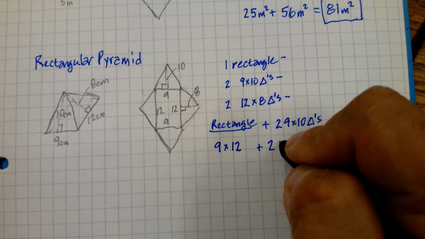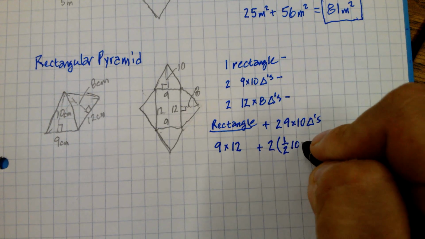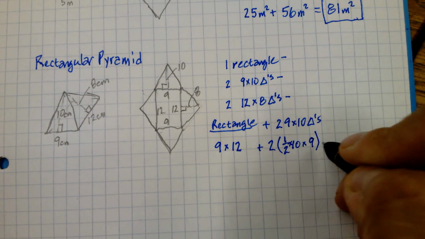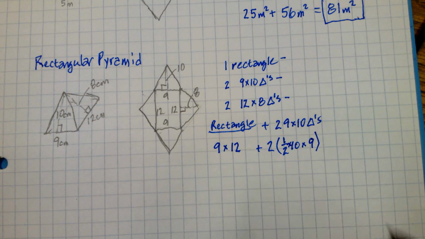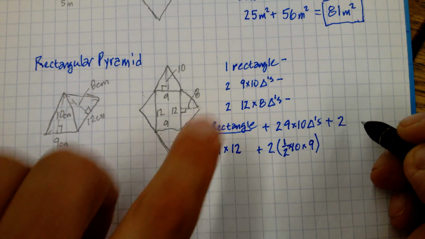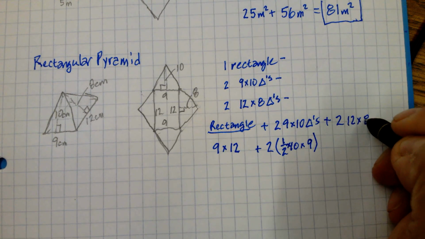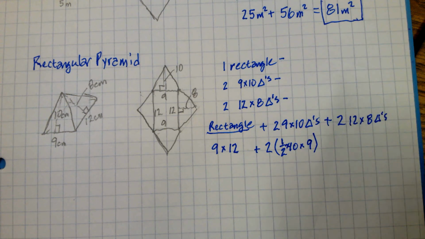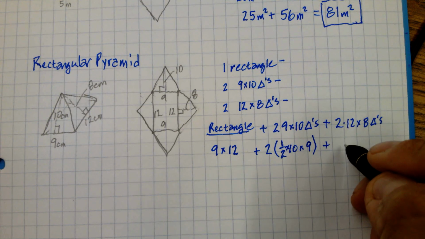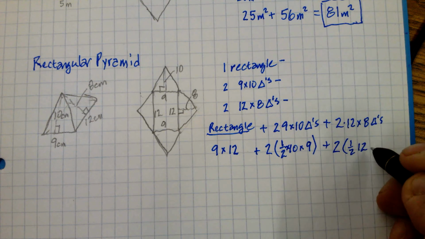So that would be 2 times 1/2, 10 times 9. Okay. And then we have the two 12 by 8. Okay. Let me write it down. 1/2, 12 times 8.